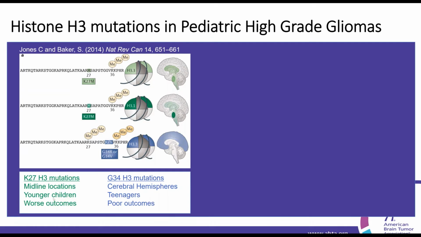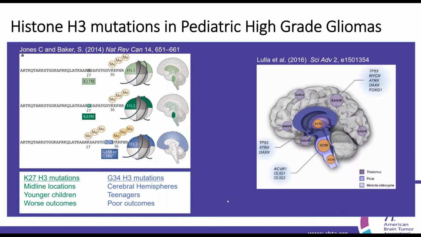It's going to occur in younger children, and it's going to have a very poor outcome. If the H3 gene is mutated at the G34 location, the tumor is going to arise up here more in the cerebral hemisphere in a slightly older patient population and be associated with a slightly improved prognosis, but still poor.